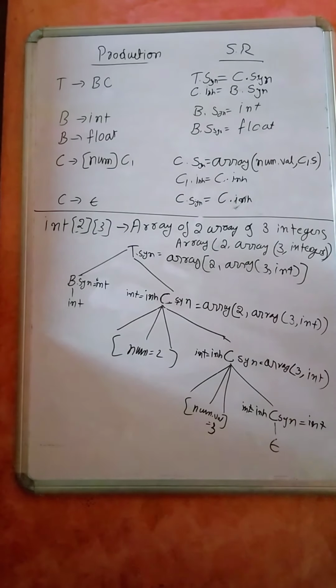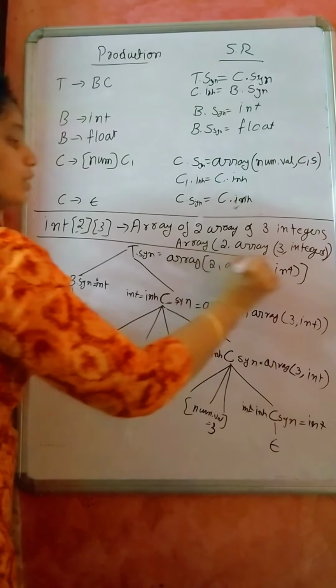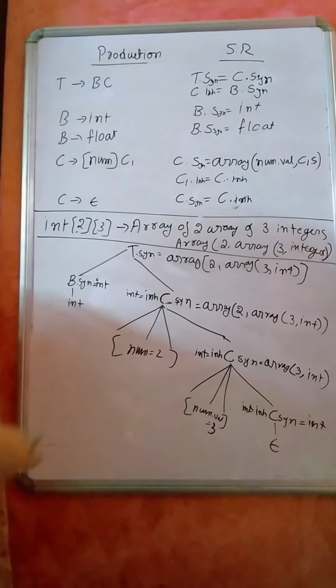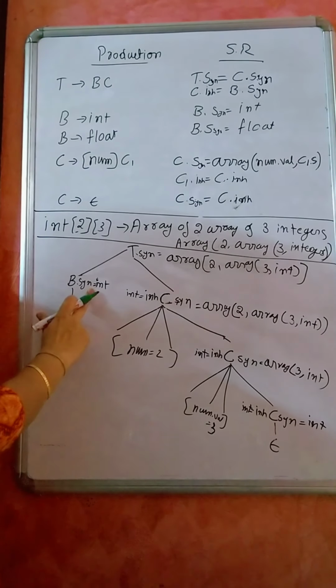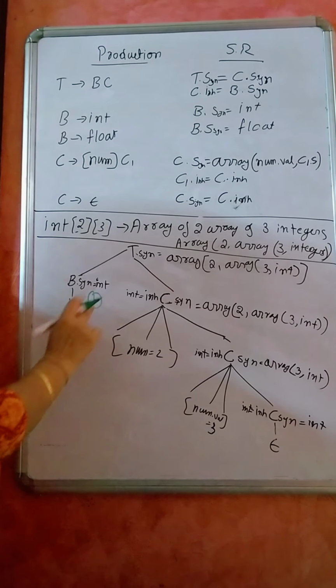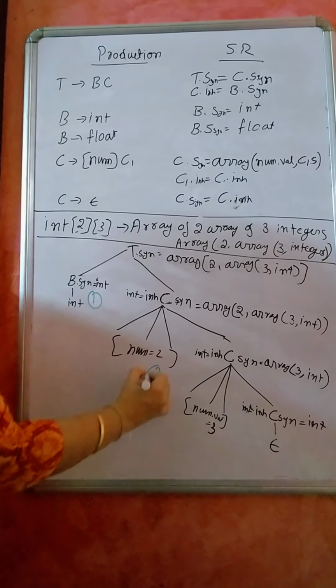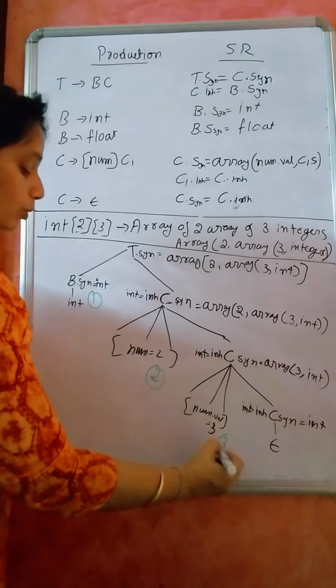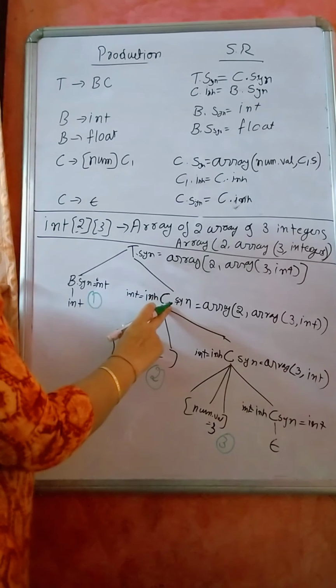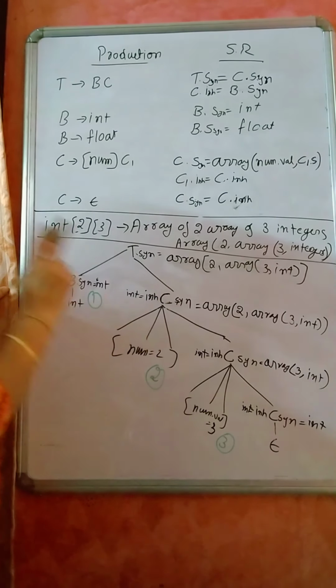Okay. So this is the annotated parse tree we have constructed. Now I will see how to construct the dependency graph for this one. All of you know how to construct the dependency graph. Whenever we have any attribute associated with a non-terminal, I will have one node. Here I will create one node, here one more node. Now how many attributes are associated with C? 2 attributes.